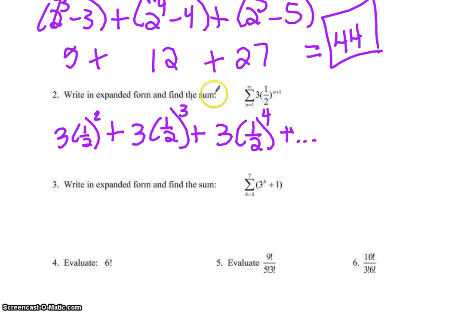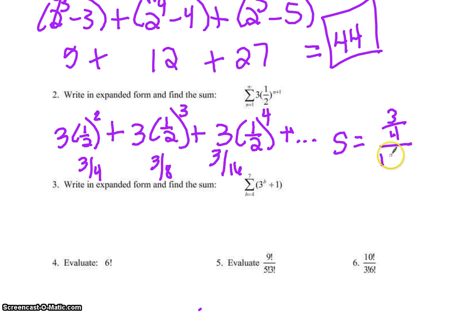Before you can do that, you might want to actually figure out what these numbers are. 1/2 squared is 1/4, times 3 is going to be 3/4. 1/2 to the 3rd is 1/8, times 3 is going to be 3/8. 1/2 to the 4th is 1/16, times 3 is 3/16.